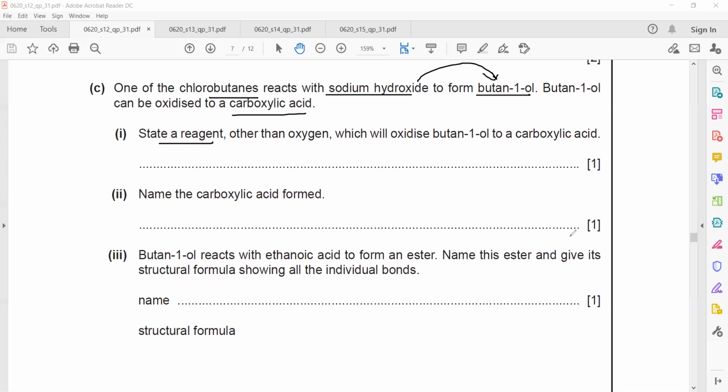So what we need is acidified potassium manganate(VII). Potassium dichromate(VI) can be used, but practically potassium manganate(VII) is used, which is a better oxidizing agent for this reaction. So acidified potassium manganate(VII), and name the carboxylic acid formed.